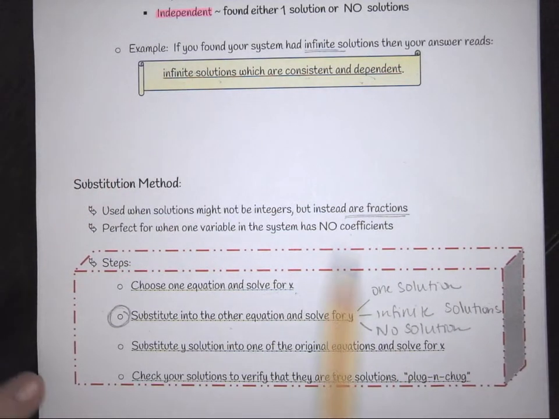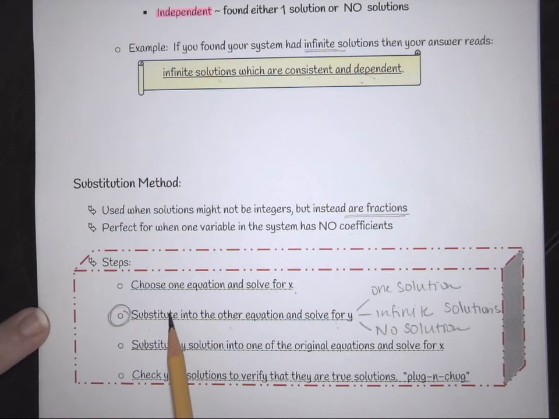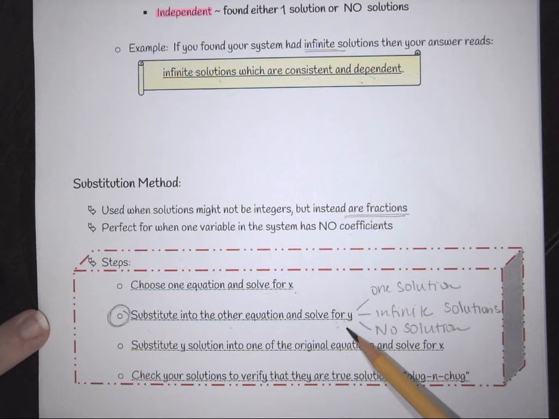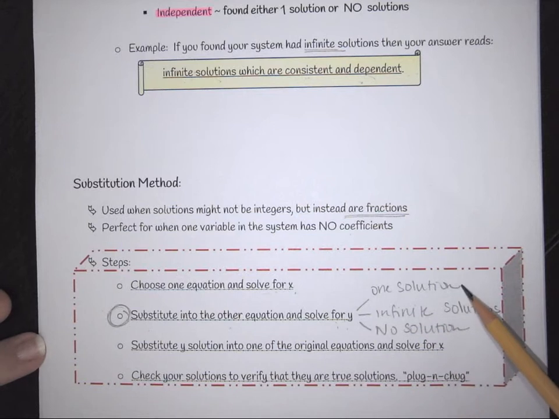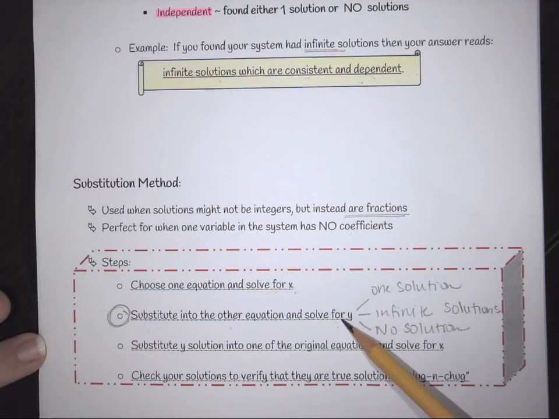Okay, so it's going to be this second step. Essentially, what's going to happen in the second step is you're either going to find a value for your variable, meaning y equals 3. That's going to indicate that you have a one solution system. If you find an answer for this variable here, you have a one solution system.